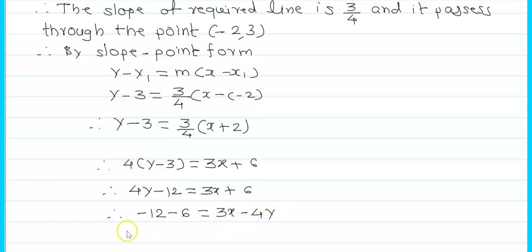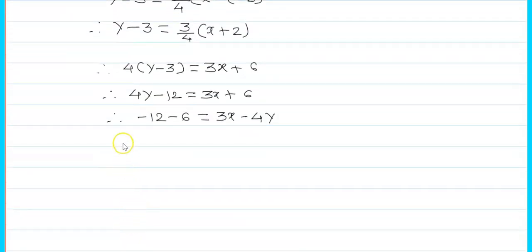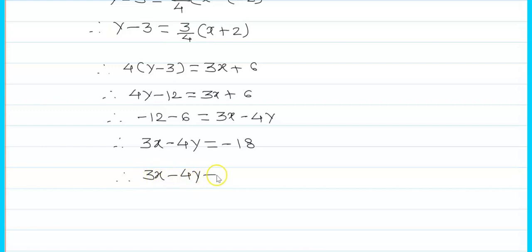And again can be written as 3x minus 4y equals minus 18, and therefore 3x minus 4y plus 18 equals 0.